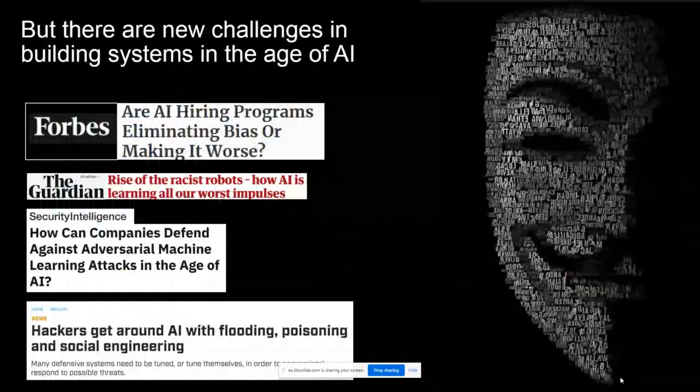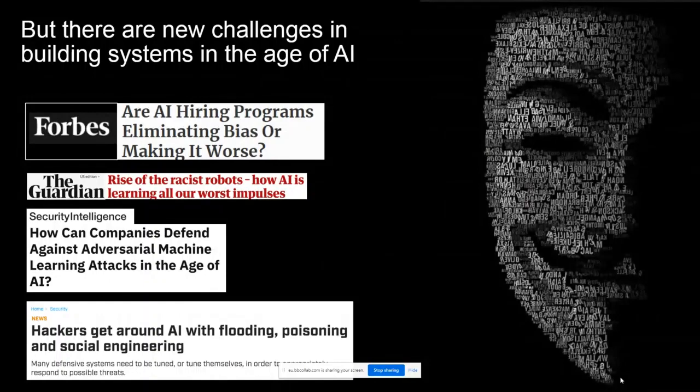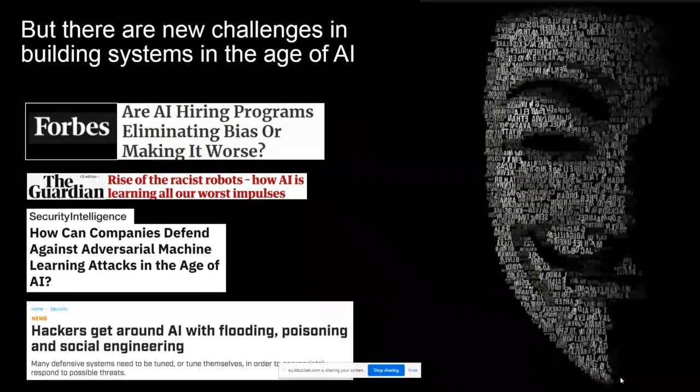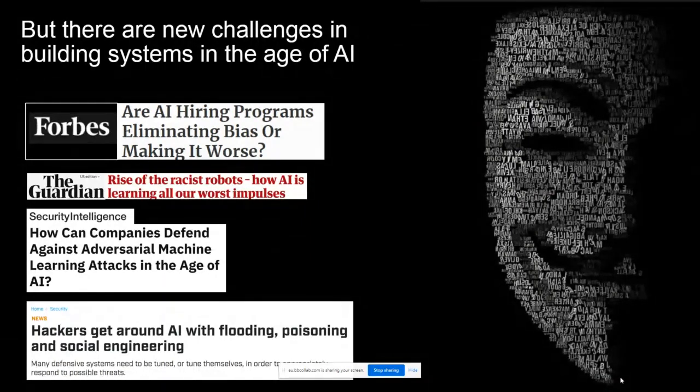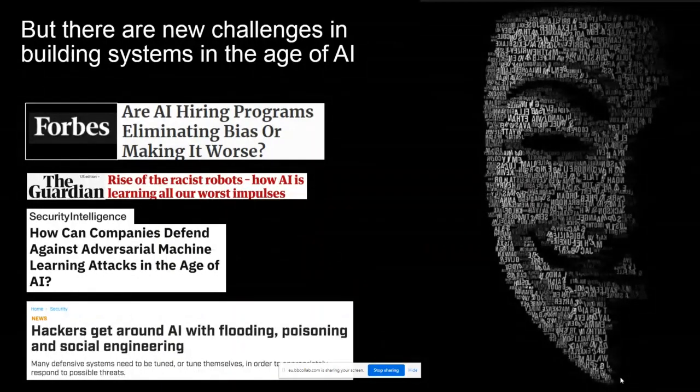So there's a lot that's happened in the last 5 years to really advance AI. And with those advances, there are new challenges in building these tools that incorporate AI. For example, just because you can build AI hiring programs doesn't mean that your programs will be free of bias. Those are new worries when you incorporate AI into these decisions.